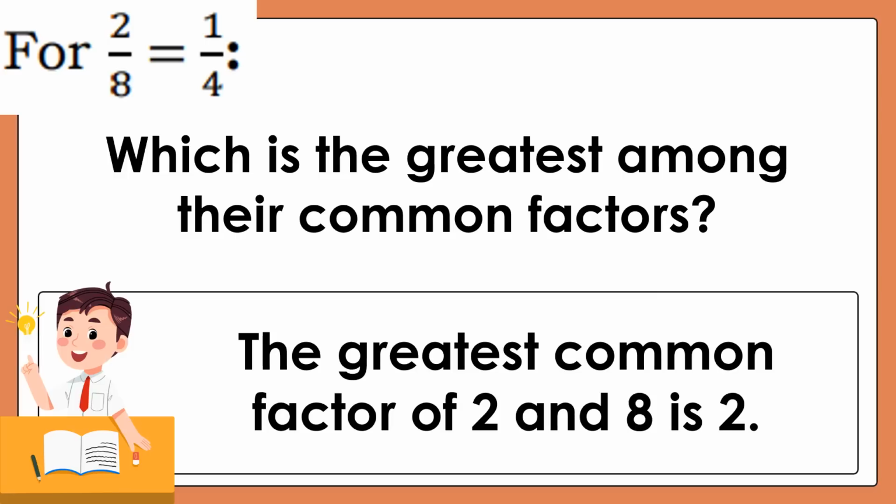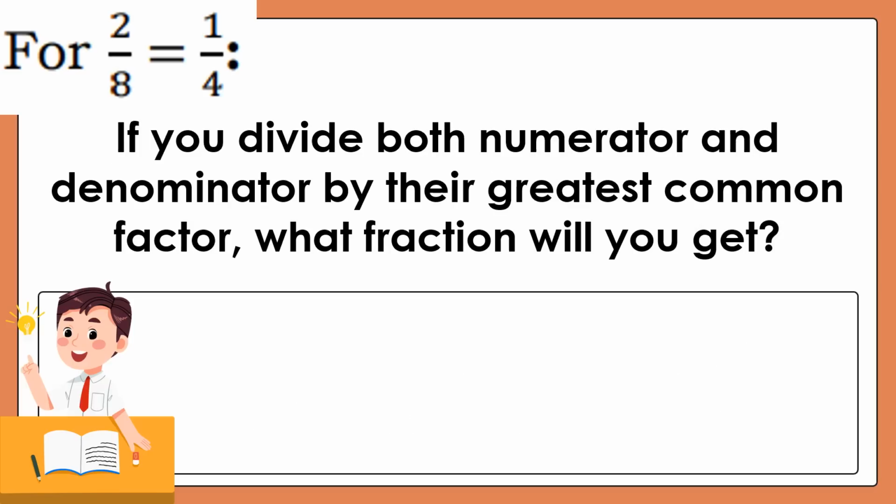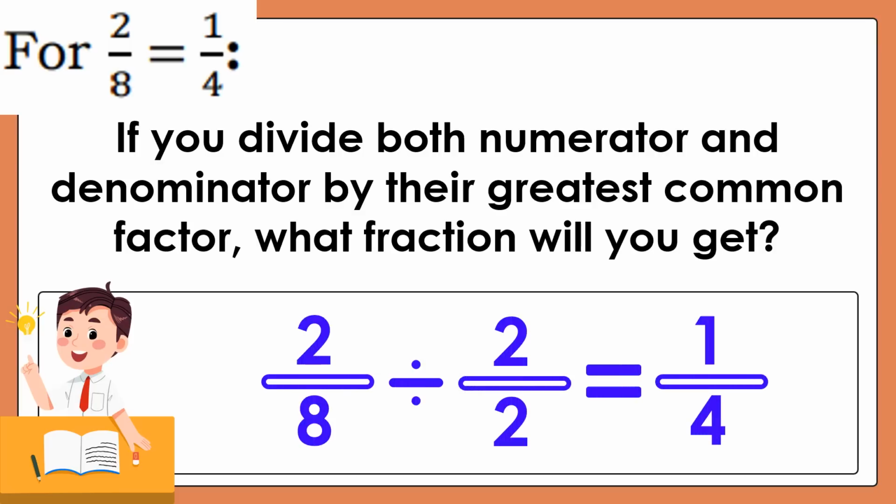The answer, the greatest common factor of 2 and 8 is 2. If you divide both numerator and denominator by their greatest common factor, what fraction will you get? The answer, 2/8 divided by 2/2 is equal to 1/4.